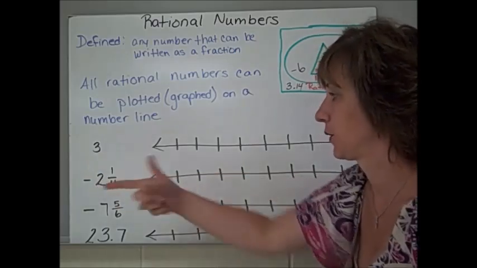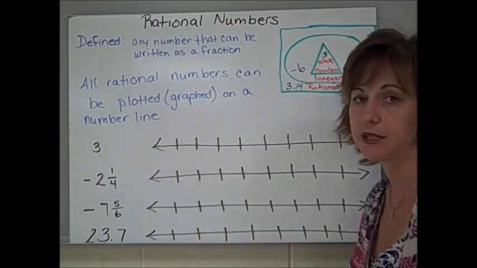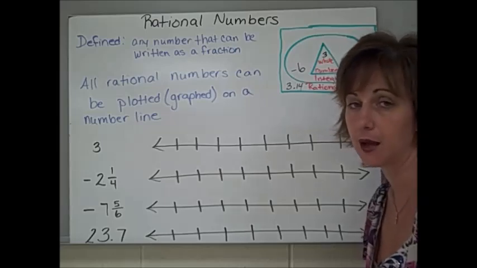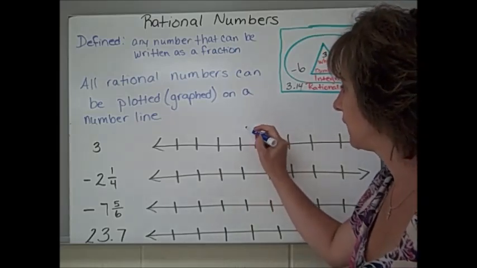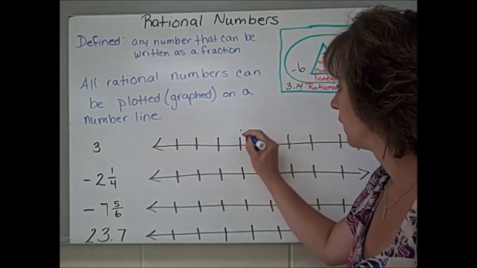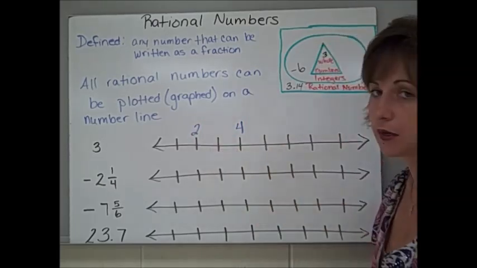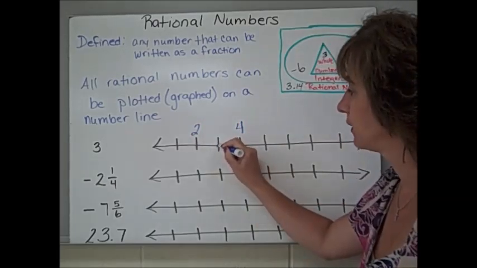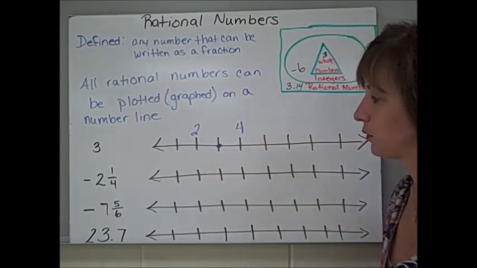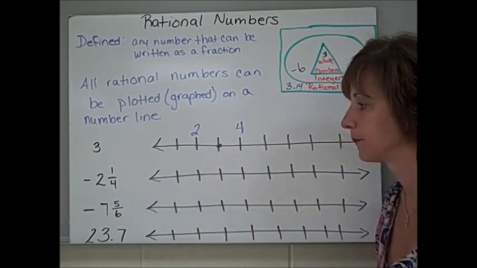Well, this is 3. And if this were my number line, I would need to pick something that 3 comes between. So I could say that this is 4, and this is 2. And if I ask you to plot 3, well, I know that 3 comes between 2 and 4.